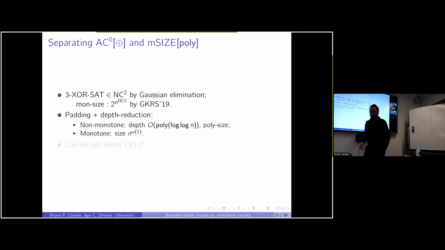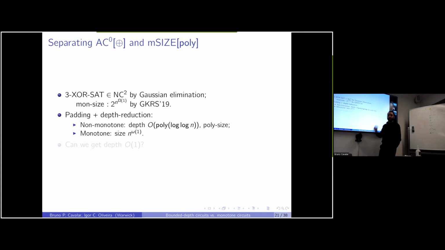Now, if you just do this padding trick and depth reduction, you would get a polylog depth circuit and polynomial size computing this. So padding, I mean, you create this silly function, a bunch of variables you're ignoring, and you compute the same problem, and to get from NC2 to AC0 to as little depth as you can, while still preserving a super polynomial lower bound.